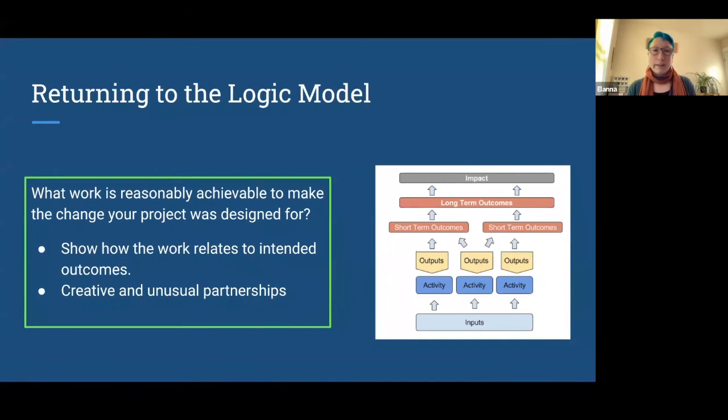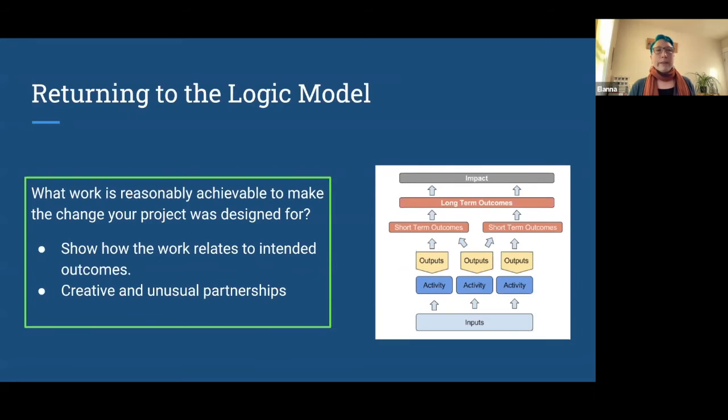So again, the logic model. What work is reasonably achievable to make the change your project was designed for? Show how the work relates to intended outcomes and have creative, unusual partnerships involved in the process. So be very careful about your scope.